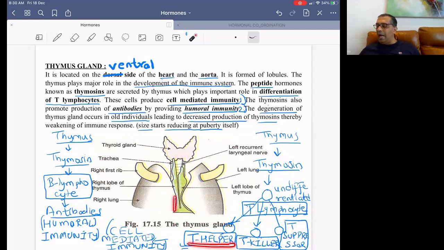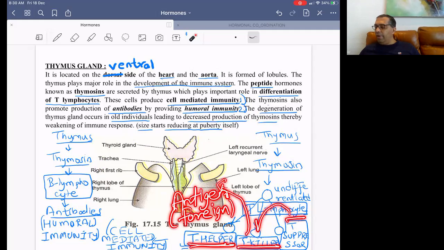T helper lymphocytes recognize the surface protein called antigen of a microorganism. So the foreign protein called antigen is recognized by T helper lymphocytes. T killer lymphocytes will go and kill the microorganism, and T suppressor will reduce the number of T killers. So the number of T killers should not become too high. They shouldn't start attacking normal body cells and start causing an autoimmune disease.